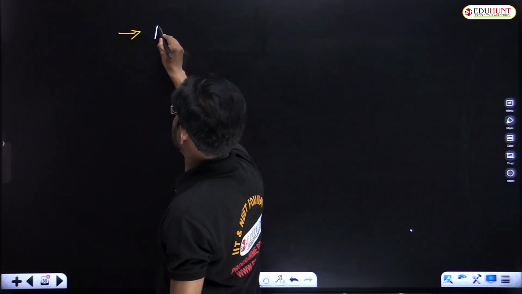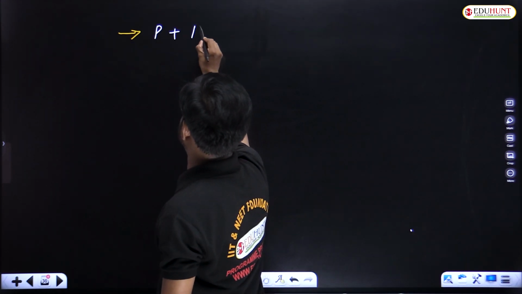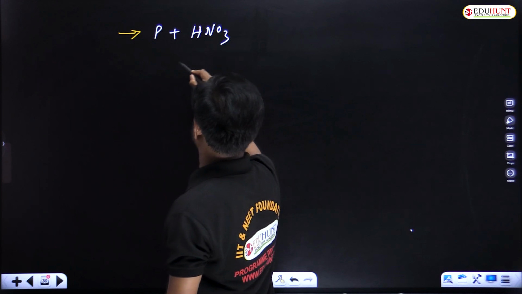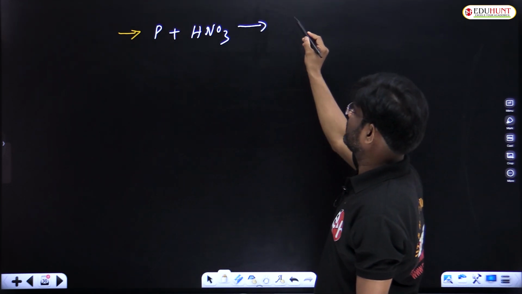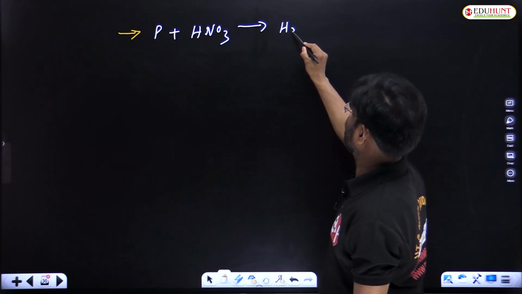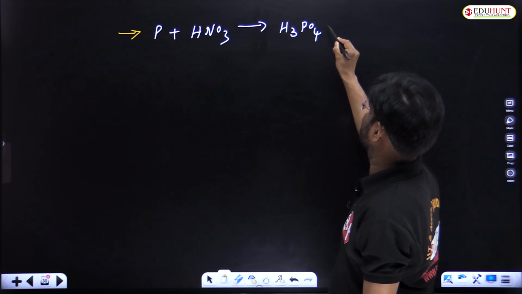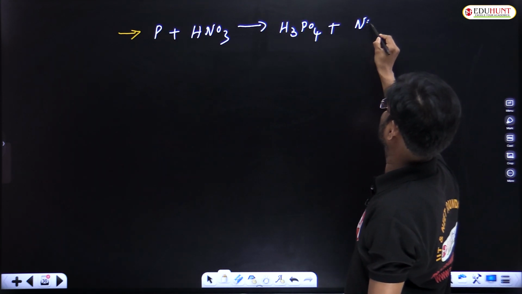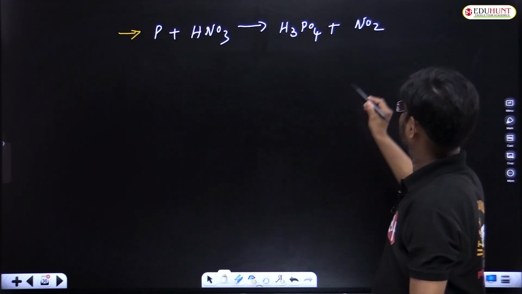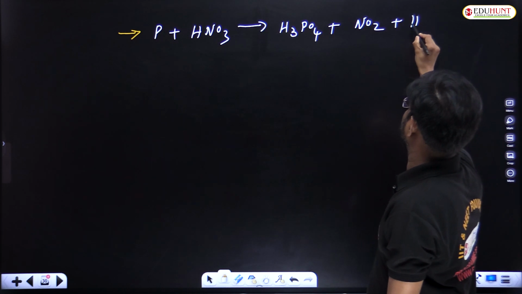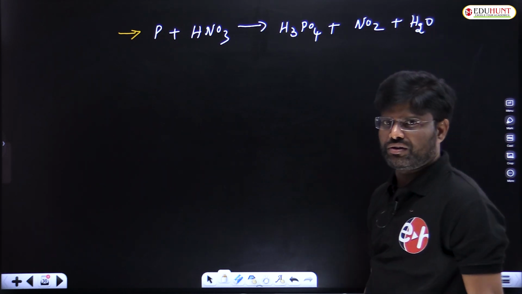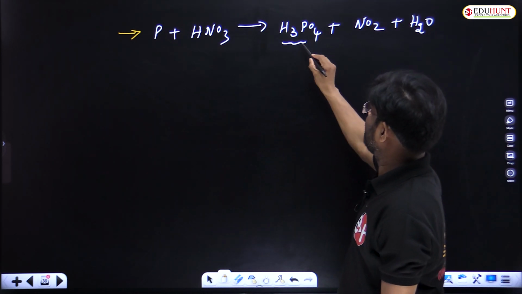Next, phosphorus reacts with nitric acid and forms H3PO4, phosphoric acid, plus NO2, nitrogen dioxide, and water. These three products are formed. What is the name of this? Phosphoric acid.